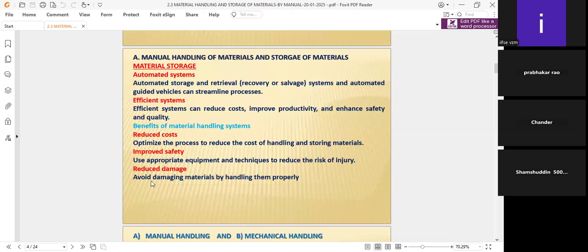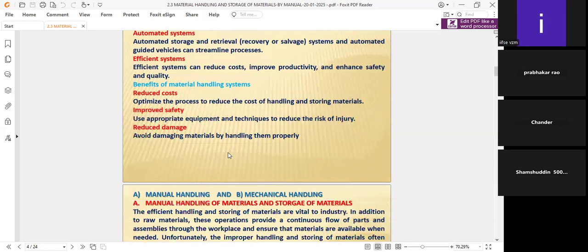Reduced damage follows: damage not only to humans, but property damage will also be controlled by maintaining the discipline and culture of safety.